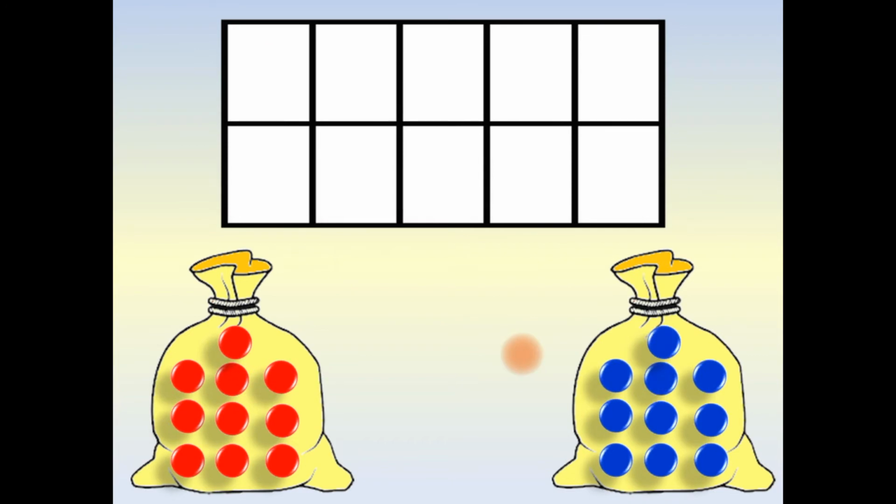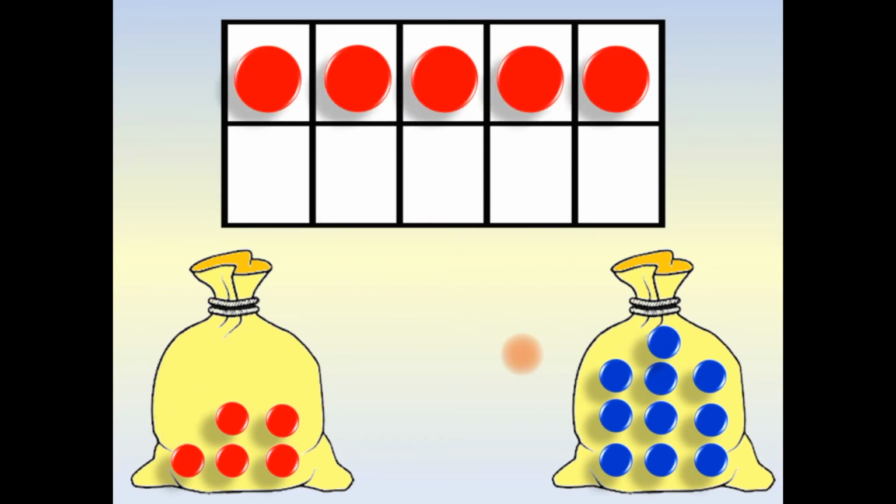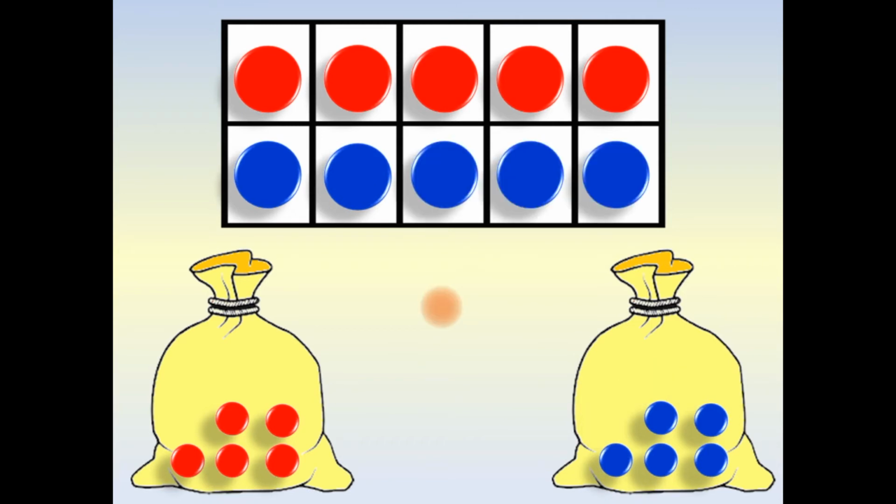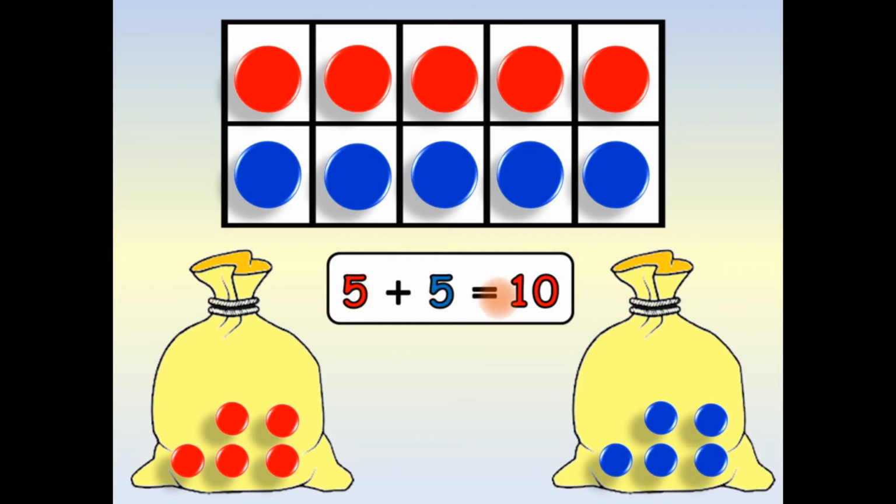Now, we are going to distribute 5 red phones, and we're going to continue with 5 blue phones. So the equation is 5 plus 5 equals 10. 5 red phones plus 5 blue phones gives us 10.